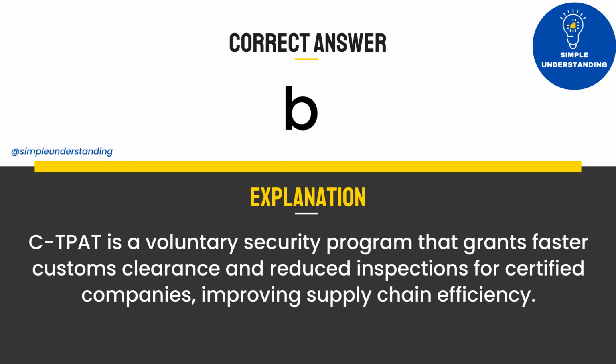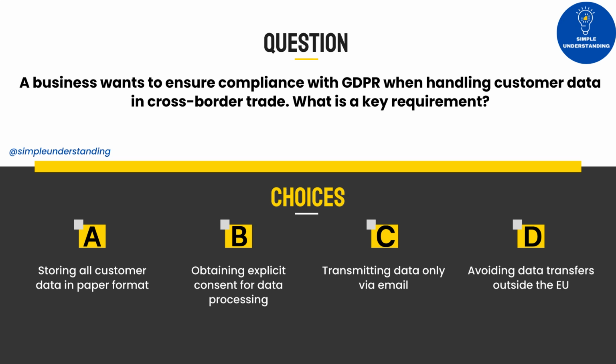5. A business wants to ensure compliance with GDPR when handling customer data in cross-border trade. What is a key requirement? A. Storing all customer data in paper format. B. Obtaining explicit consent for data processing. C. Transmitting data only via email.